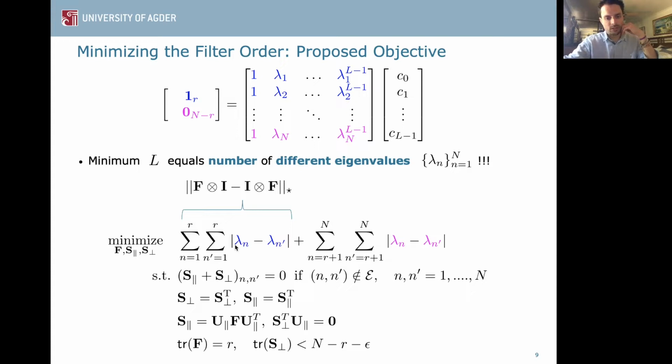However, here it is interesting to see that this can be rewritten as this nuclear norm of this Kronecker difference here, and the same happens with this second term. So now what we have here is a convex problem that we can solve using standard methods such as subgradient descent or proximal methods or ADMM, right?